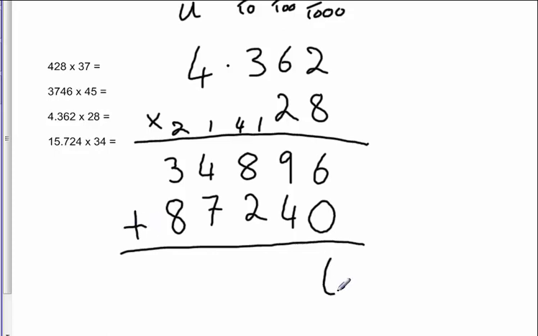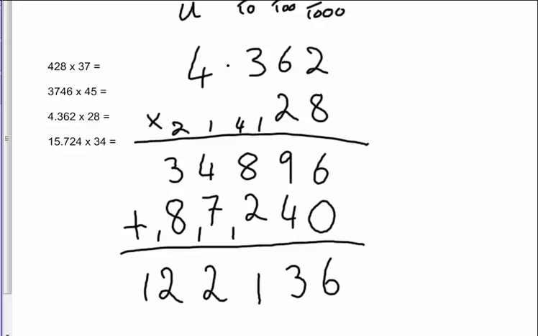0 and 6 gives me 6, 4 and 9 gives me 13, put down my 3, carry my 1, 2 and 8 is 10, plus 1 is 11, put in my 1 and carry my 1, 7 and 4 is 11, plus 1 is 12, put in my 2 and carry my 1, 8 and 3 is 11, plus 1 gives me 12. And now I need to look at where my decimal point is going to go in.